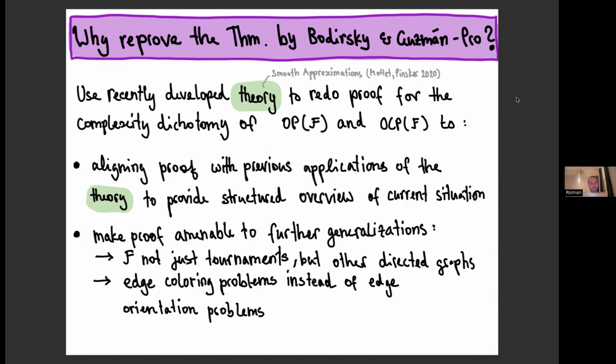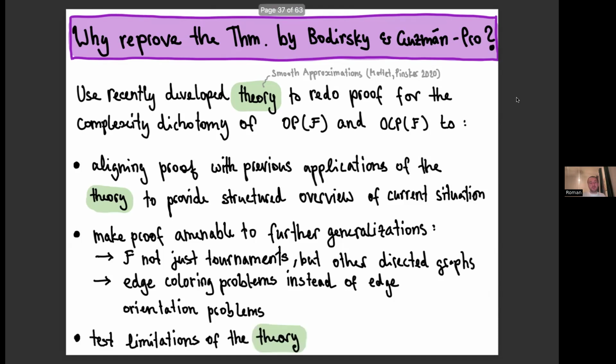And also, edge coloring problems are very prominent in these infinite domain CSP questions. So you're given a graph and you want to color the edges of the graph so that certain previously fixed patterns do not occur. And orienting edges of a graph and coloring edges of a graph is a very similar problem. So hopefully, if we have a very structured proof, then it can easily be generalized to such edge coloring problems.